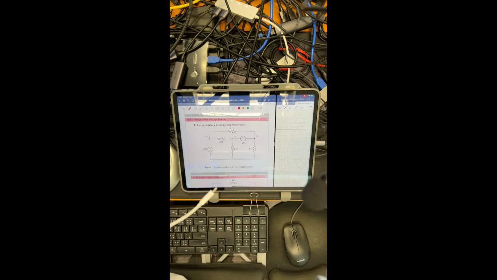The title of this topic is nodal analysis with voltage sources.